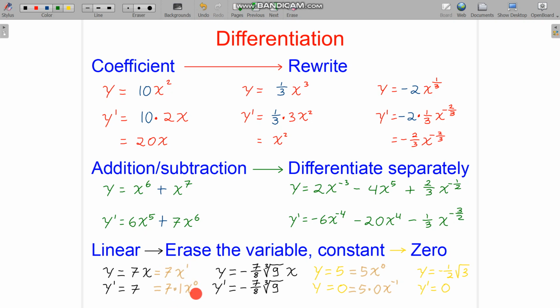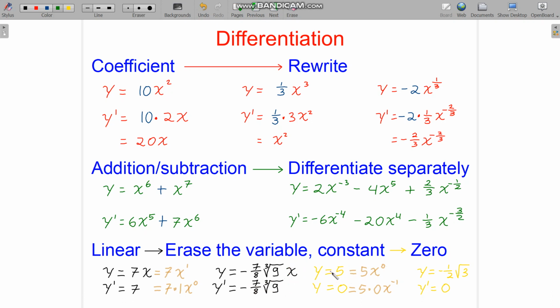Anything to the power of 0 is 1. So we have only 7 basically. If it's something with x, like ax, we get a only. Same thing here, no matter how complicated the coefficient is, just rewrite the coefficient, just erase the x.